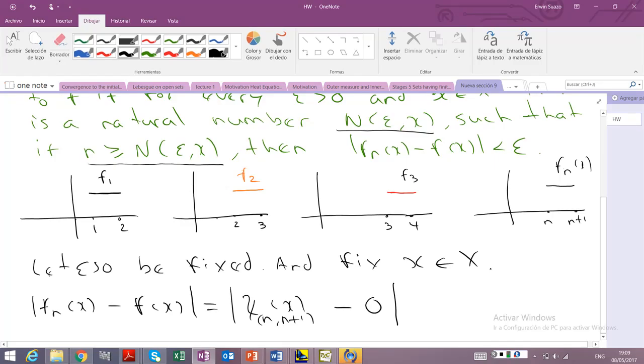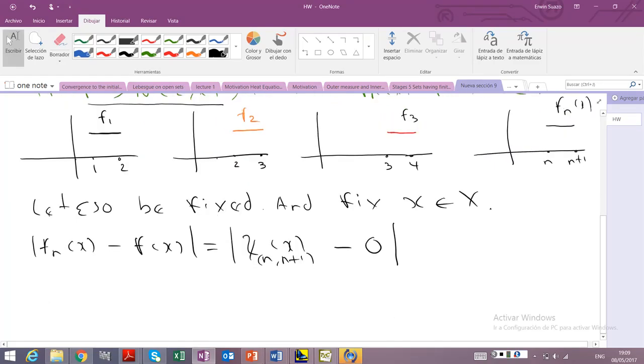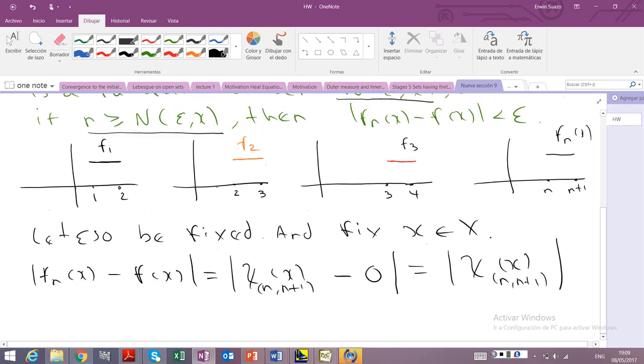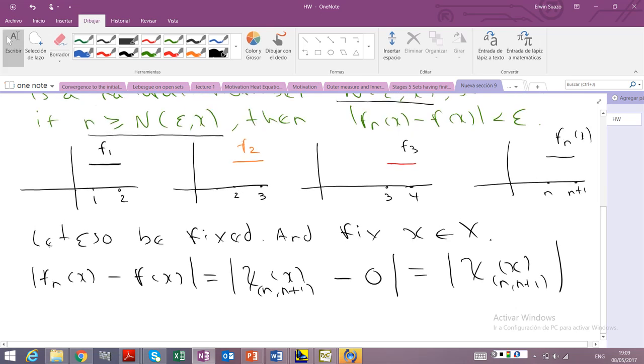I just give it to you, but I'm sure you could figure out that it has to be 0. And then you see you have psi_{n+1}(x), and here is where you had to go to your proof.